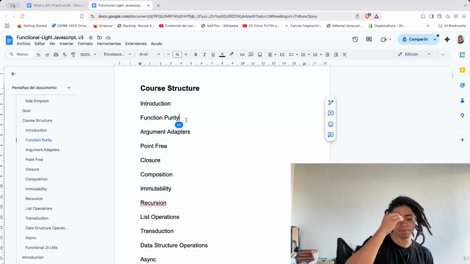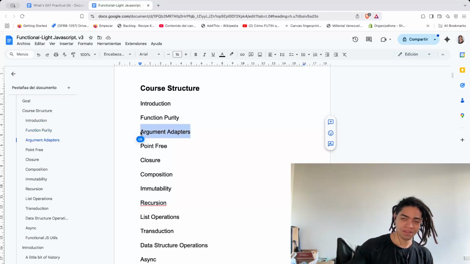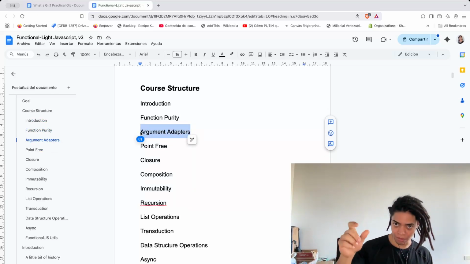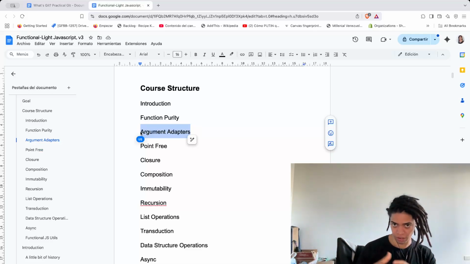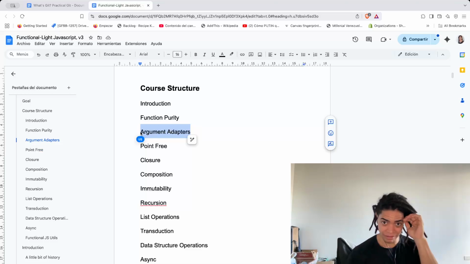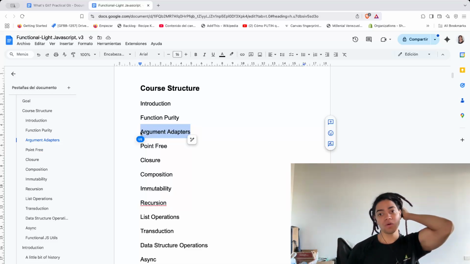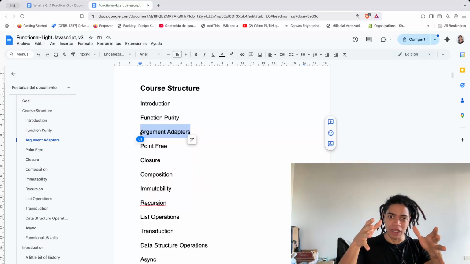All right. And then we look at the argument adapters. The TLDR of this is that functional programmers are obsessed with the shape of the function, pretty much how you can fit them like Lego pieces to each other. Or if you're moving out to a new department or a new rent, or if you are traveling to some new place, you want to organize everything.